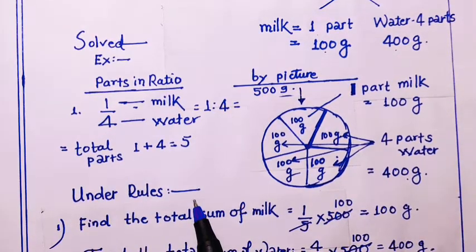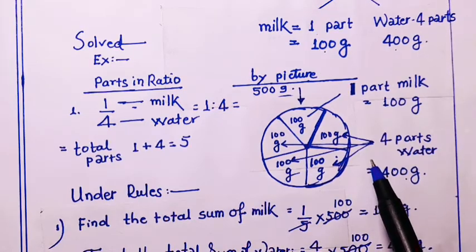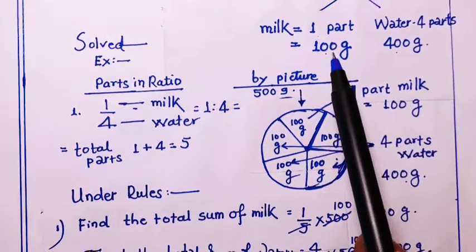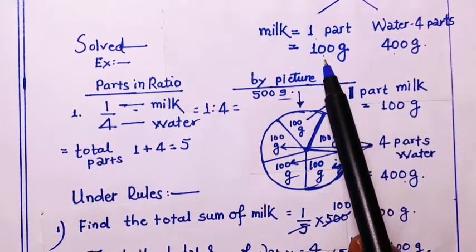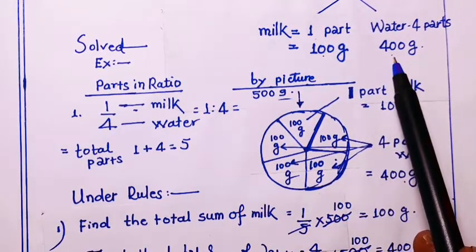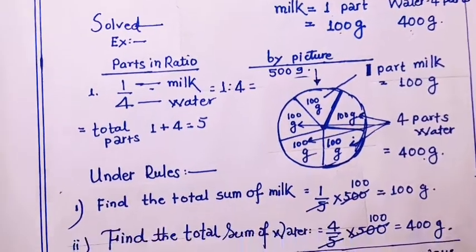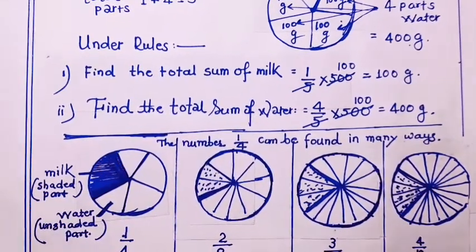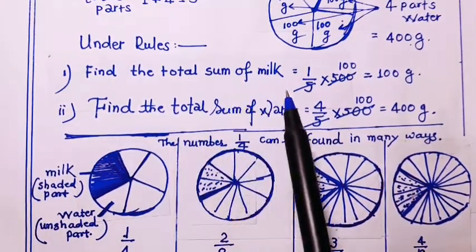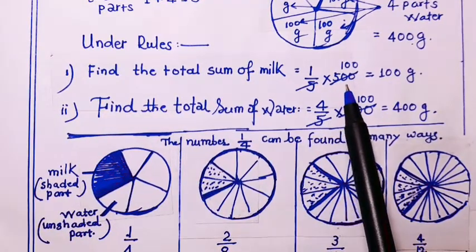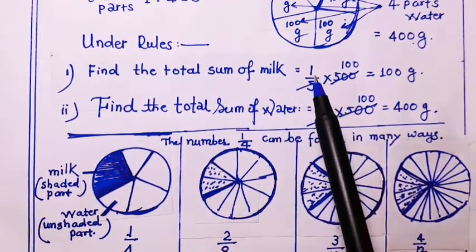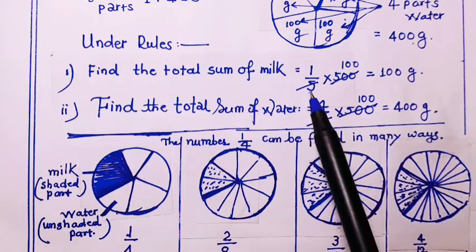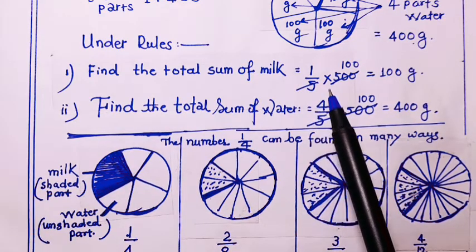So we can say that 1 part equals 100 grams and 4 parts equal 400 grams. Under the rules, we can see, find the total quantity of milk: 1 by 5 into 500. 1 is the particular portion of milk and 5 is the total sum of the ratio.